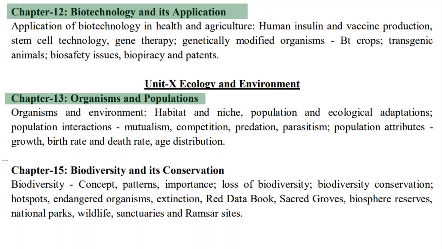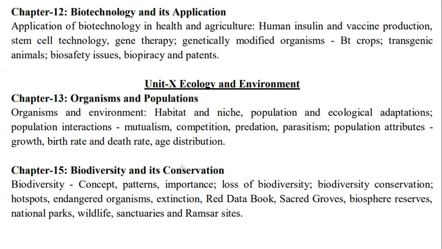And after that comes biodiversity and conservation, that is concept, patterns, and importance, loss of biodiversity, conservation, hotspots, endangered organisms, extinction, red data book, sacred groves, biosphere reserves, national parks, wildlife sanctuaries, and Ramsar sites. All these are the topics that you have to cover for your term 2 board examination.